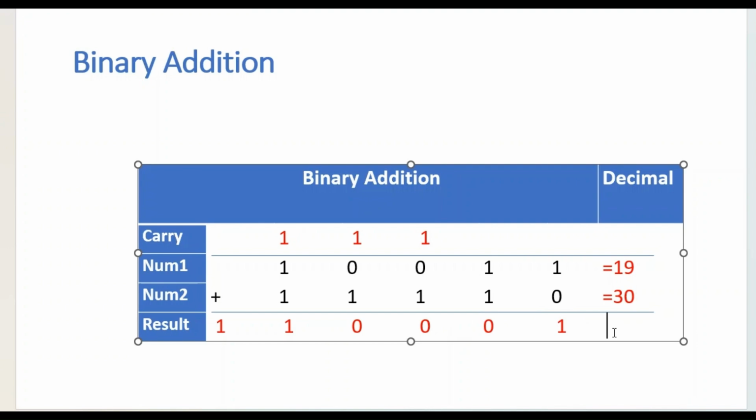And the result, as we have computed, this is 32 plus 16 is 48 plus 1 is 49. Now verify with their decimal addition. So this is correct.